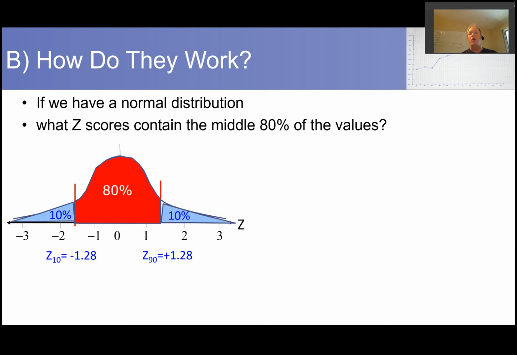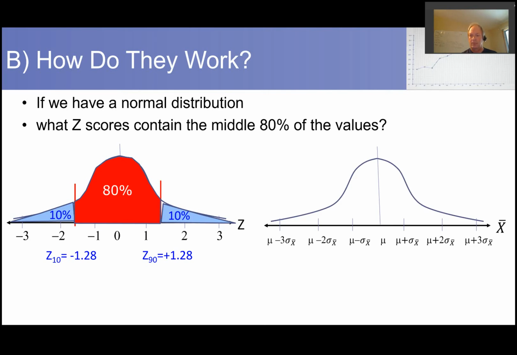I want to know the values of X bar, the sample mean, that are going to bracket the middle 80%. So if I translate this picture to sample means, 0 becomes mu. And -1 becomes mu minus 1 standard deviation, and so on.